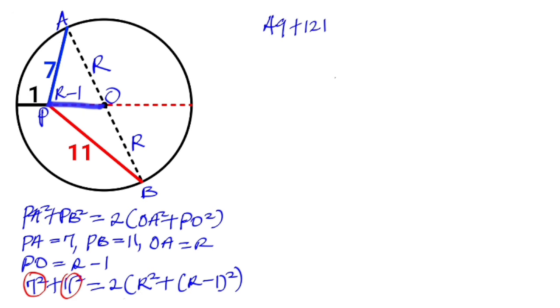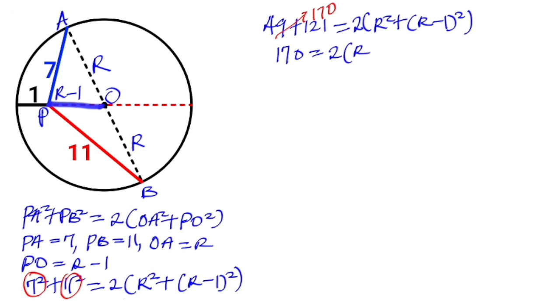So, 49 plus 121 is equal to 2 times R squared plus (R minus 1) squared. 49 plus 121 is equal to 170. So, 170 is equal to 2 times R squared plus (R minus 1) squared.